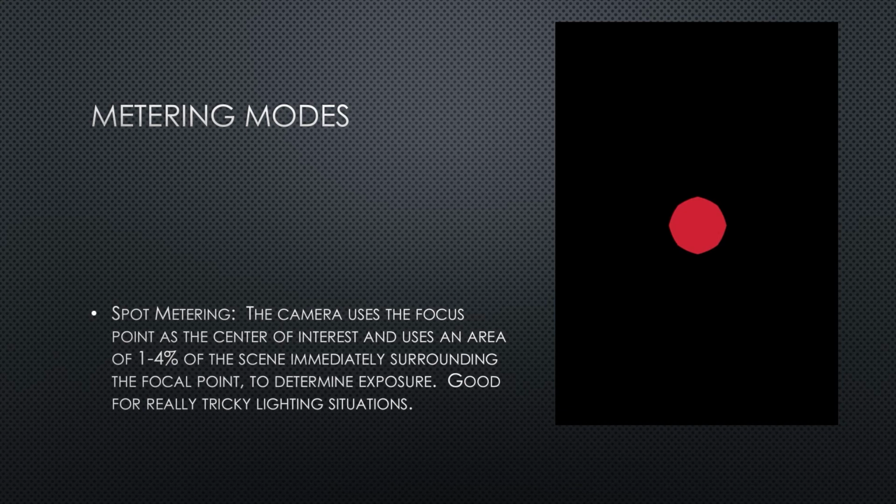Spot meter can be anywhere from 1% to 4% of the image, depending on the particular camera that you're using. But it's only going to pay attention to that very small portion of the image when it calculates its exposure.